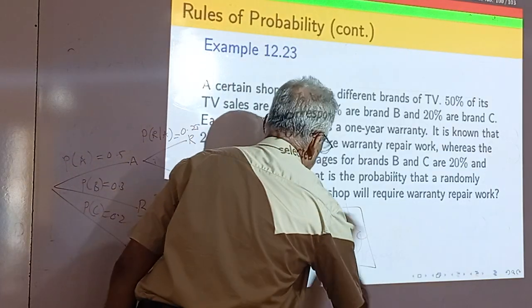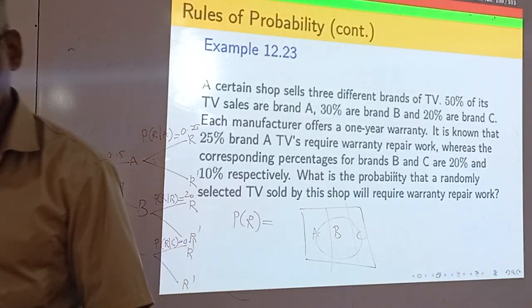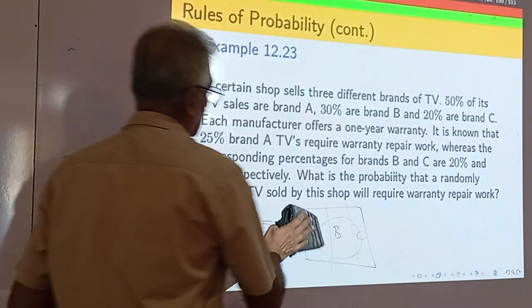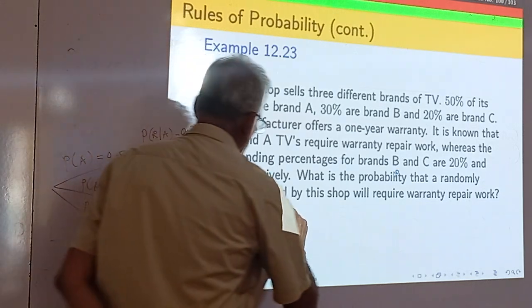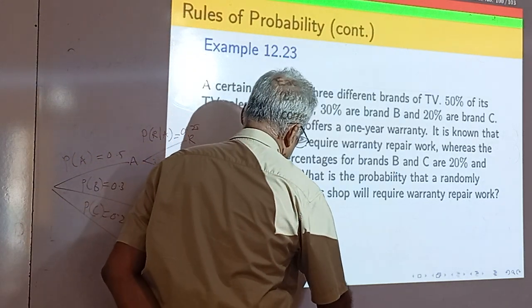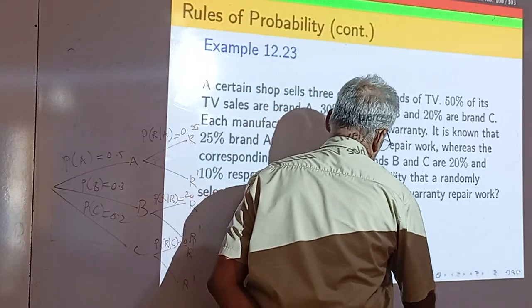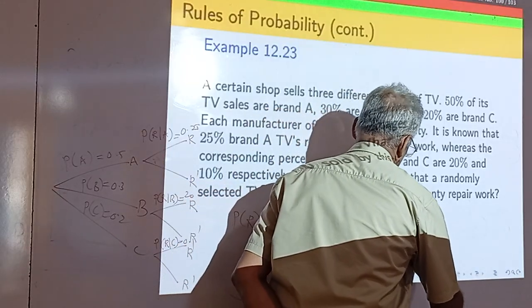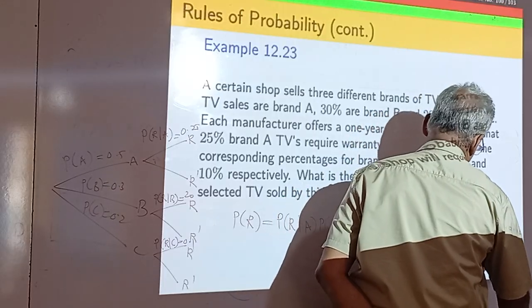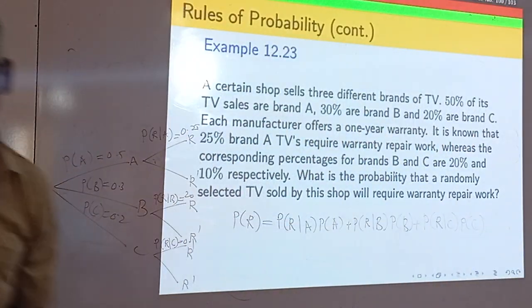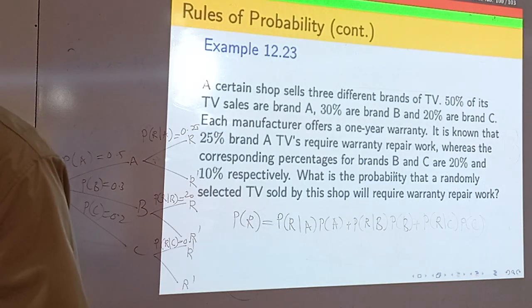R is some other event. So you can use the total probability law: probability of R given A times probability of A plus probability of R given B times probability of B plus probability of R given C times probability of C. All of them are known, therefore it is easy to find out the probability of R.